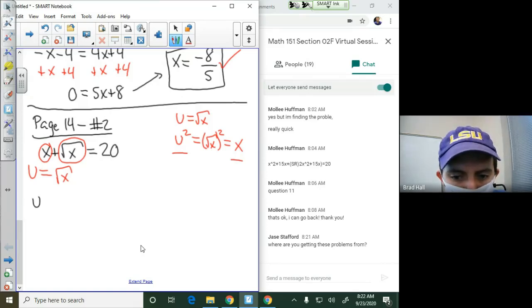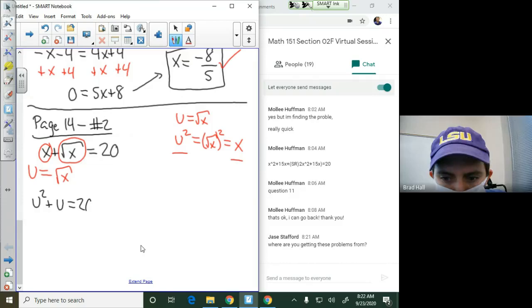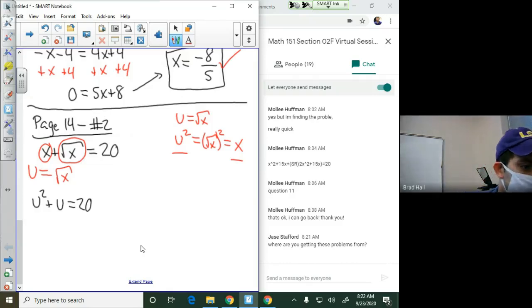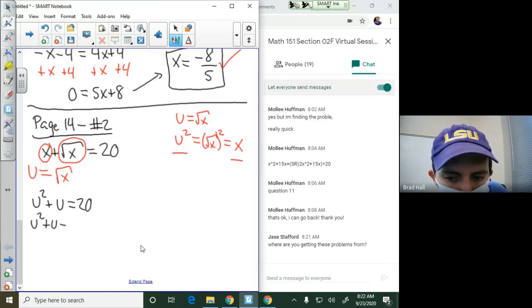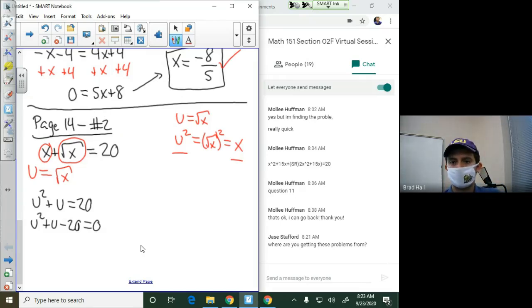So now we have U squared plus U is equal to 20. And so we could subtract the 20 to the other side, so that way we have a quadratic in standard form, which means we can factor.